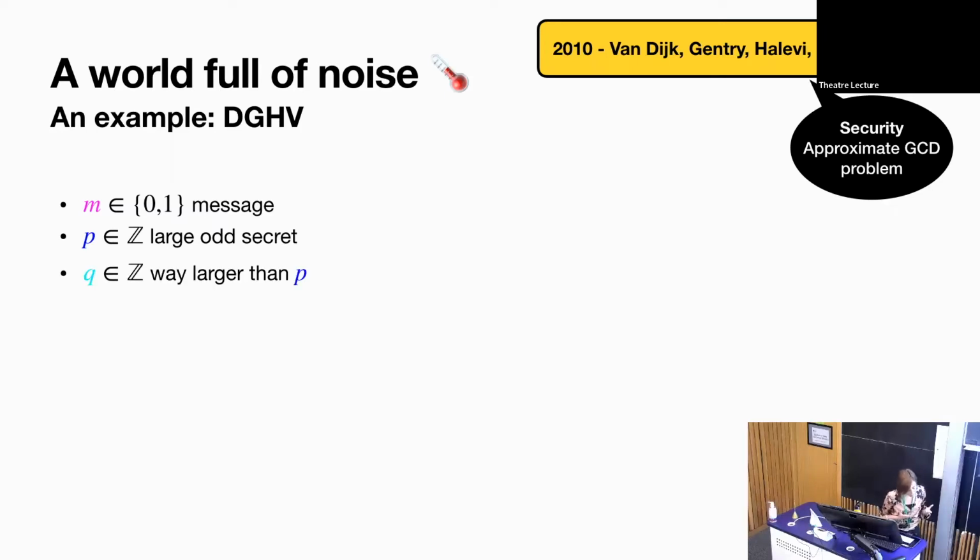To encrypt, you choose a quantity Q, an integer way larger than P, and another quantity E that we call noise, which is way smaller than P. So P secret, Q larger, E smaller.